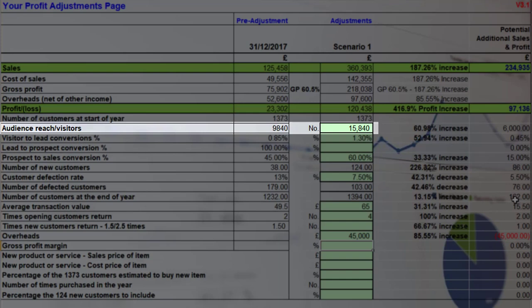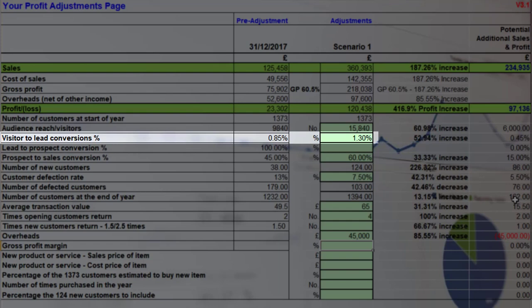So perhaps by doing a bit more online marketing and social media posts, you could quite easily increase your audience reach and visitors to your website. And an extra 500 a month is not actually out of the question. And more likely, once you engage the services of someone that can actually do this for you, it's very likely that you'll surpass the 500 extra per month.